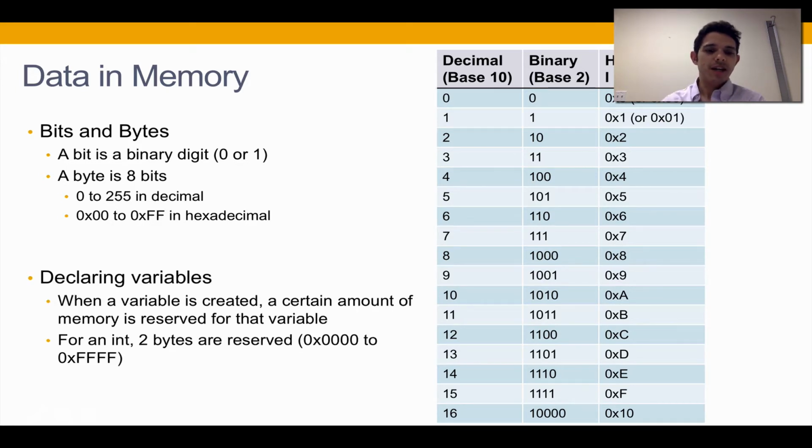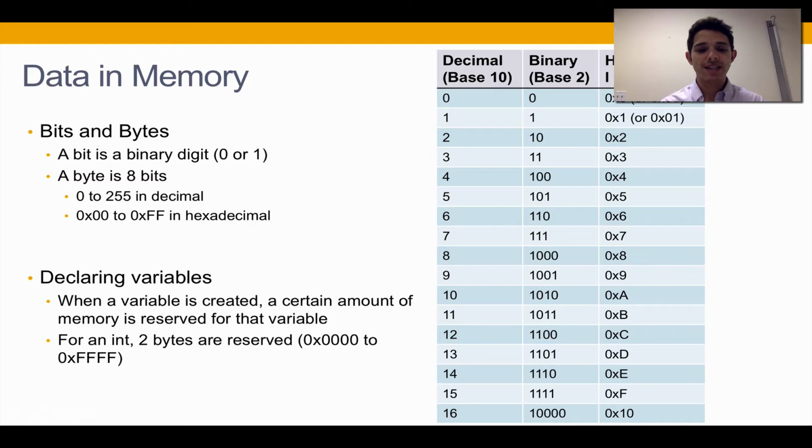Okay, so when we declare variables, like an integer, a character, or a string, a certain amount of memory is reserved for that variable. For example, if we declare an integer variable, like LED in the last lecture, then Arduino will reserve 2 bytes of data to store the values for that variable.